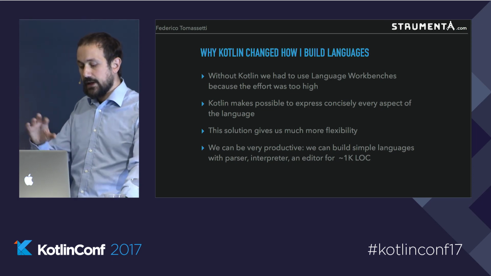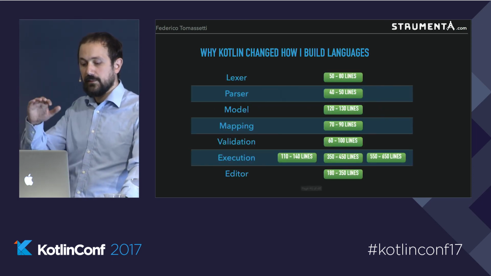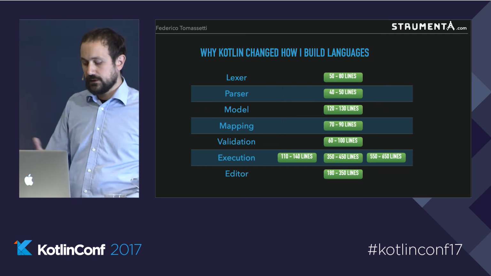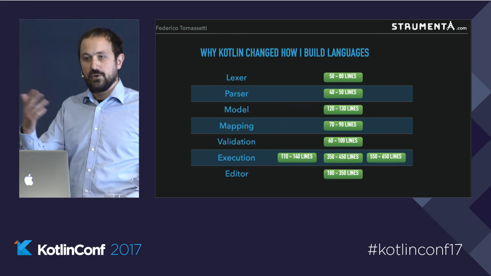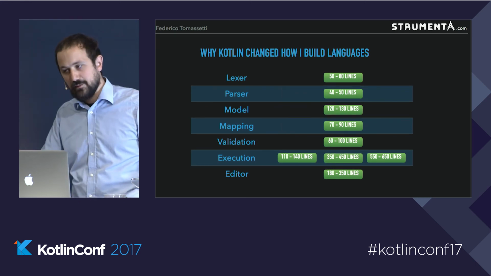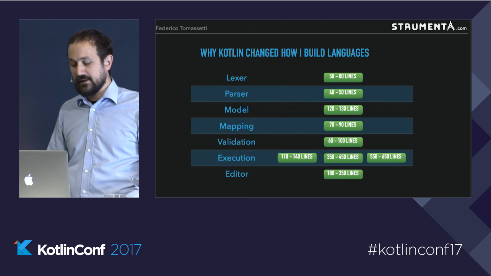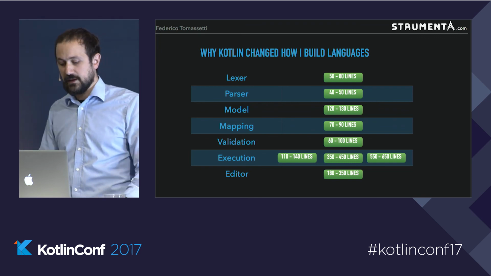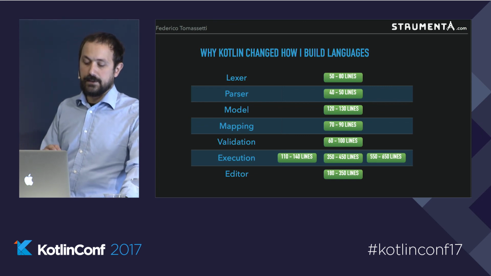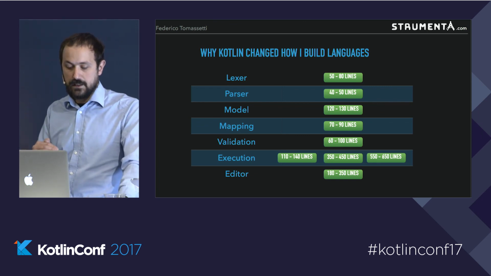And here I summarized the effort needed to implement all the different phases. Of course, those are very simple languages, so if you are going to build a general purpose language like C++, probably it's taking 10 times the effort, if not 100 times the effort. But still, I think it's useful to understand the relative difficulty of the different steps.